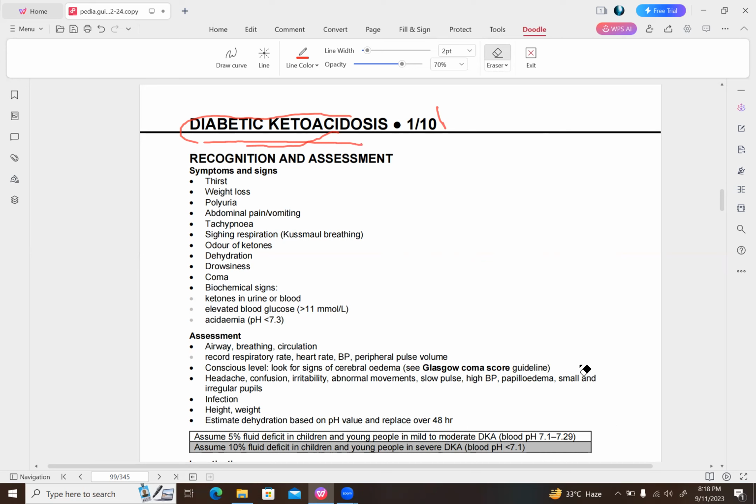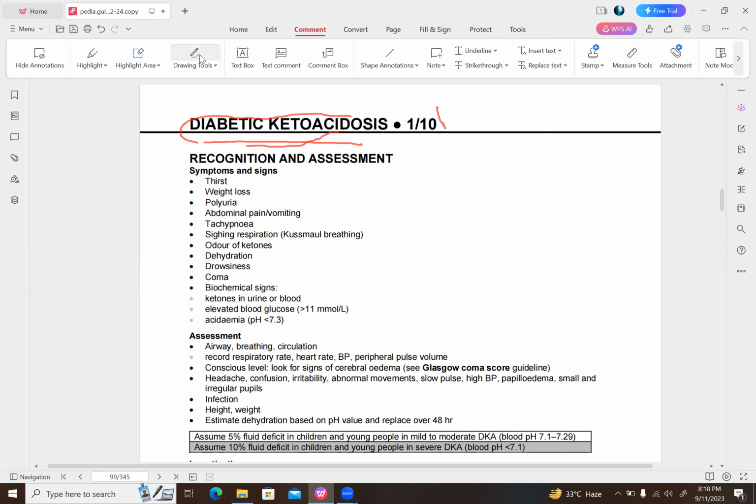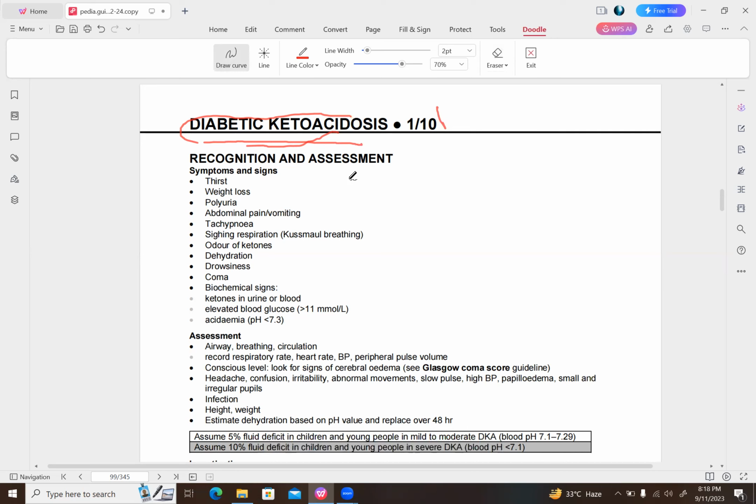Suppose you are sitting in the PICU or HDU and you are treating this diabetic ketoacidosis patient. How is he presenting? Because the child is diabetic, of course the signs of diabetes are thirst, weight loss secondary to dehydration, and polyuria.